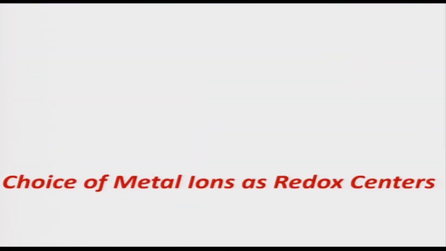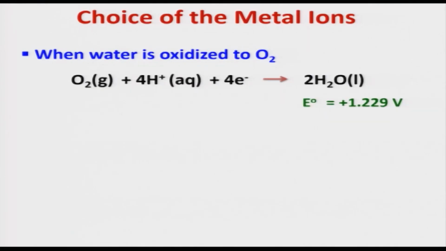Now, the question is how nature has selected some of these metal ions in its active site for its redox activity. In order to understand that, we need to know what kind of metal ion should be chosen in the biological system. As you all know, in biology we have water as a medium.